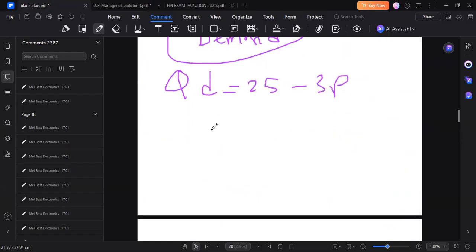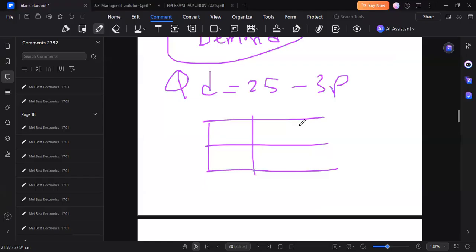So just say what happens to these two components, using Q and P. If P is 0, quantity will be 25. Then the other one vice versa. If Q is 0, what will be P? Are you getting me, madam, now?